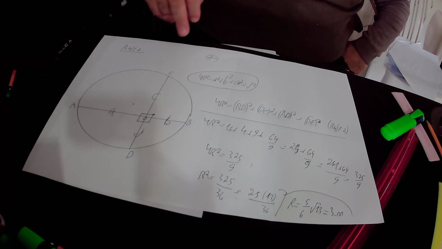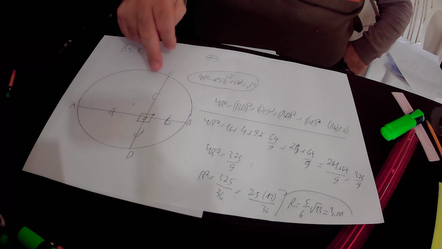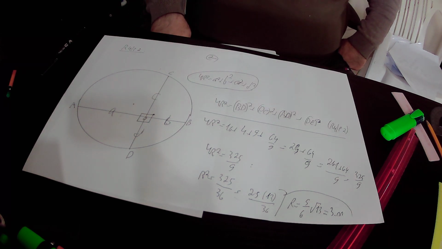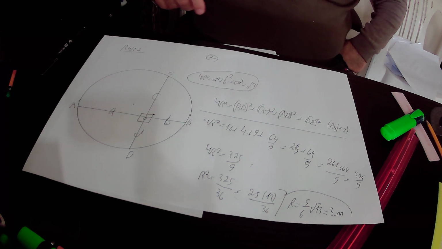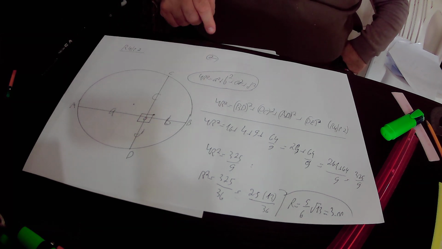Here A, B, C, and D are the lengths of AO, OB, OD, and CO. Again, 4 times R squared equals A squared plus B squared plus C squared plus D squared.